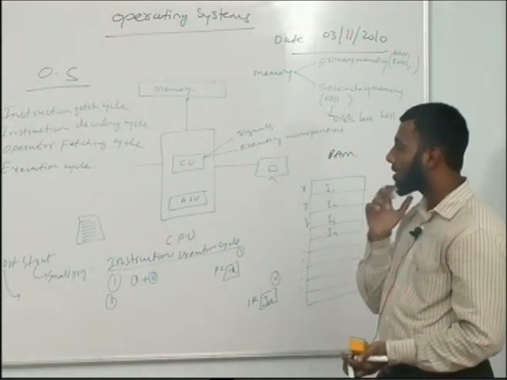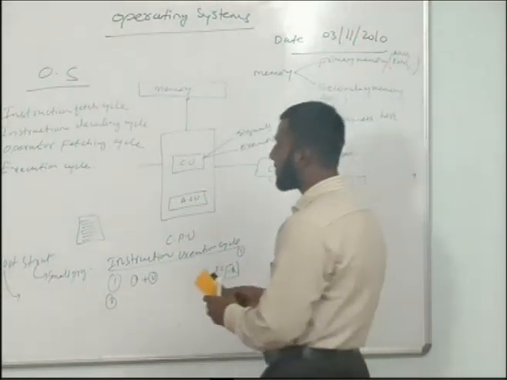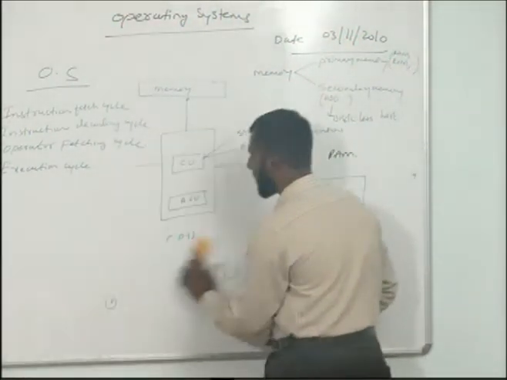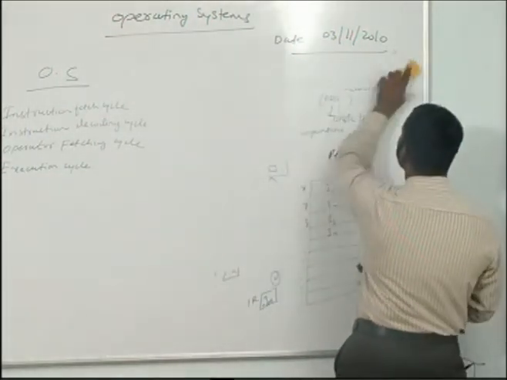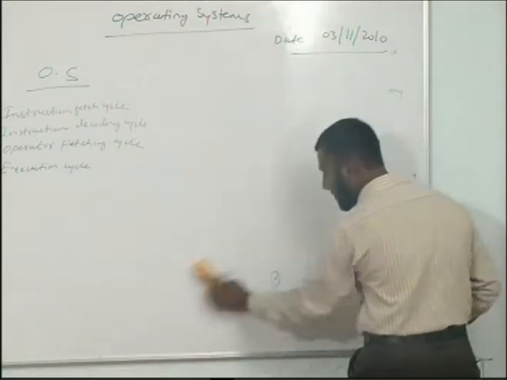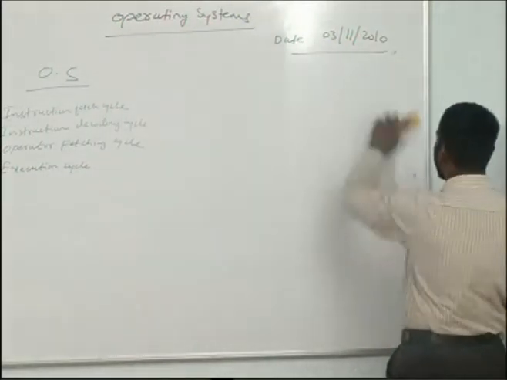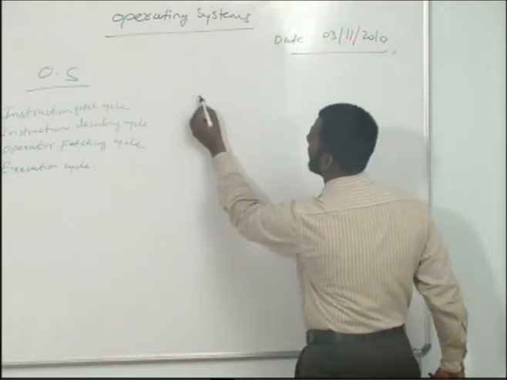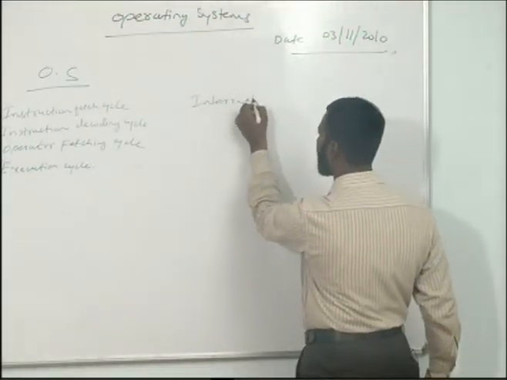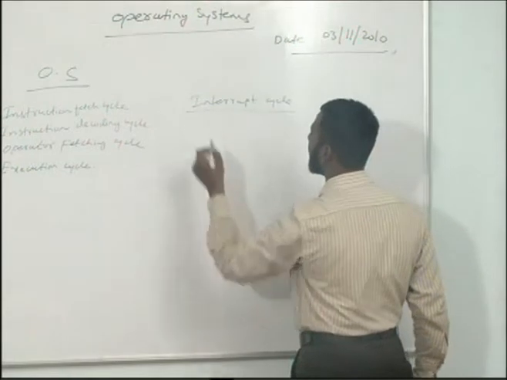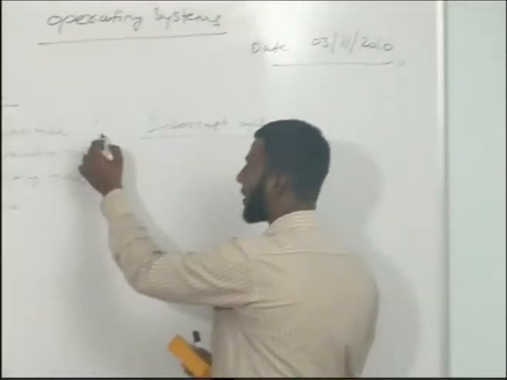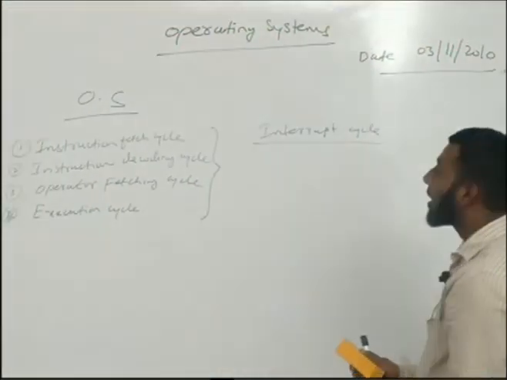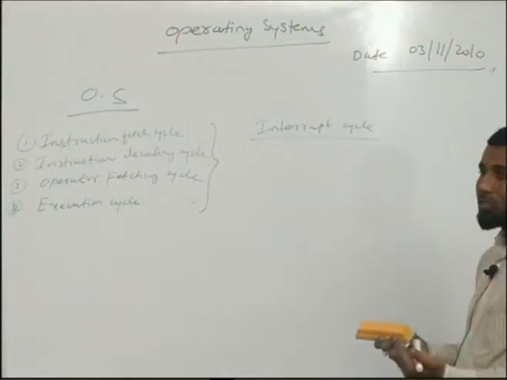There is one more cycle called the interrupt cycle, which I have not mentioned here. Whenever any process needs the attention of the CPU while an instruction is executing, it can do so with the help of an interrupt.